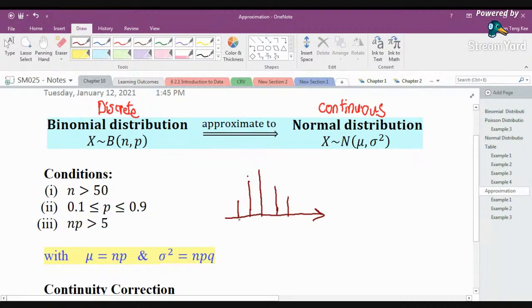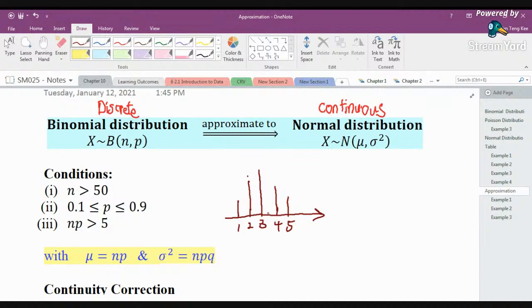For example, I have the first line as x equals 1, 2, 3, 4, 5, and each line refers to the probability for the corresponding x value. So this is what happens in the discrete case.